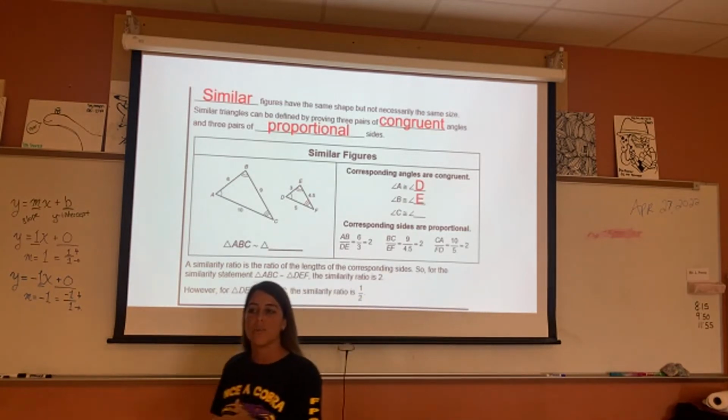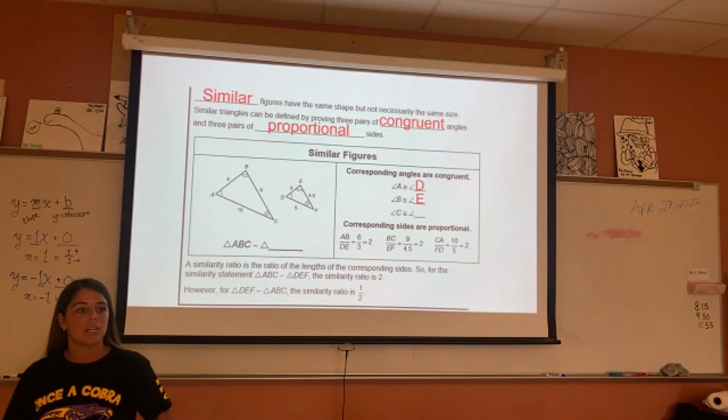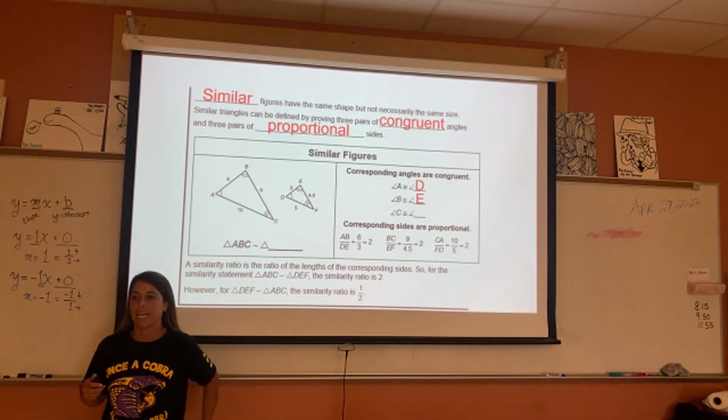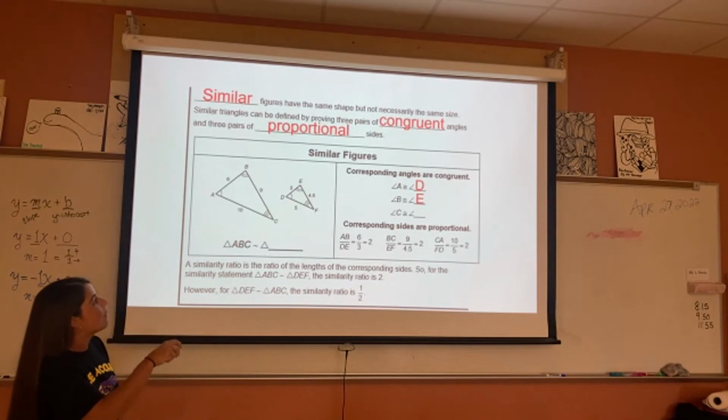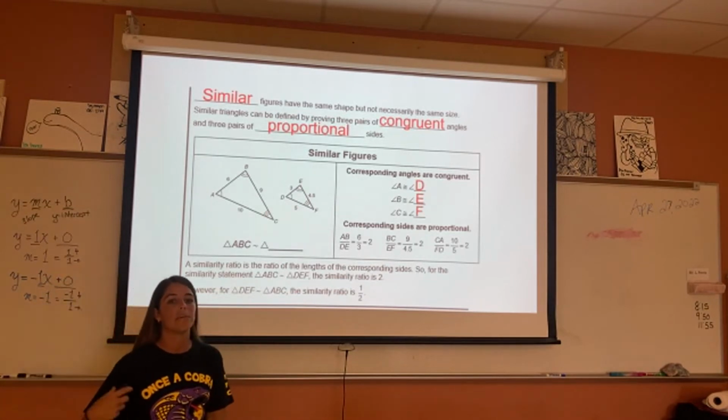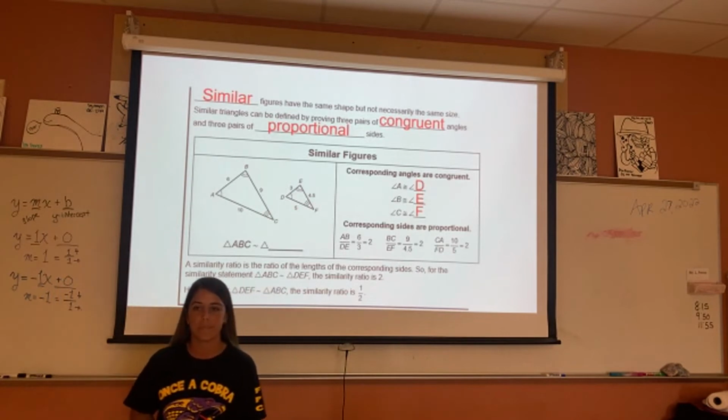B corresponds to angle E. And again, because they're similar, angle B is congruent to angle E. That leaves me with C and F. They're corresponding, making them congruent.